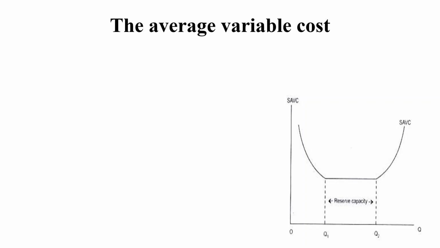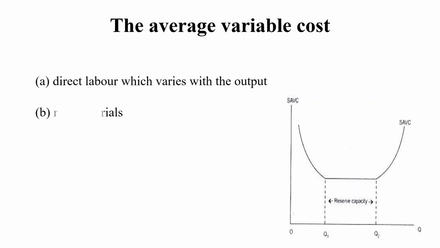Next comes the average variable cost. As in the traditional theory, the average variable cost of modern microeconomics includes the cost of direct labor, which varies with output, the raw materials, and the running expenses of the machinery.